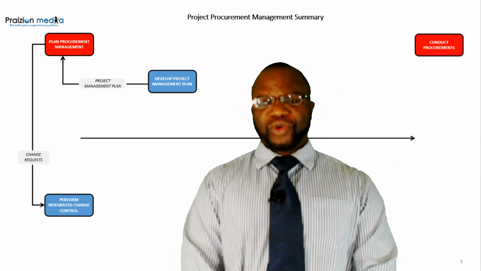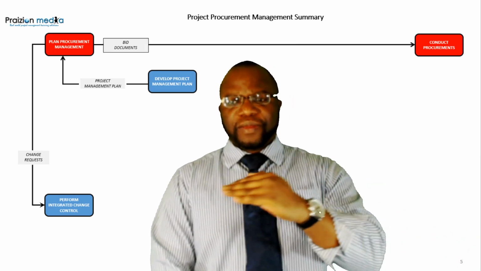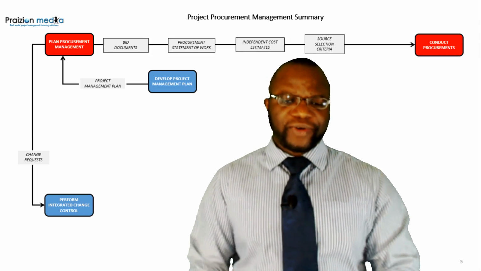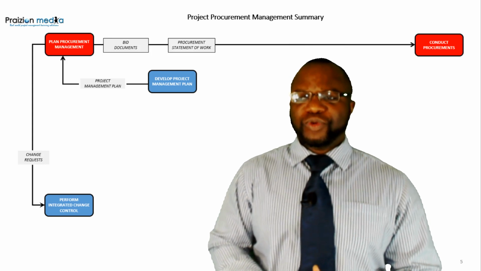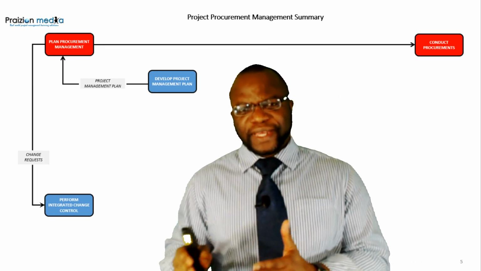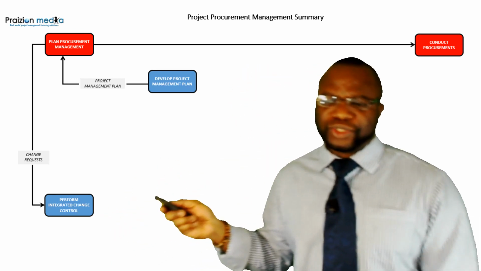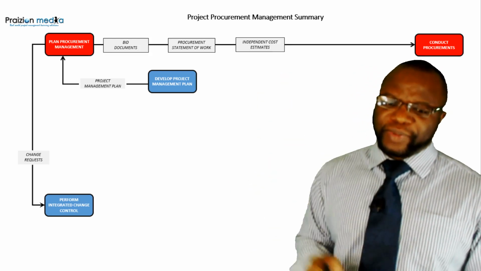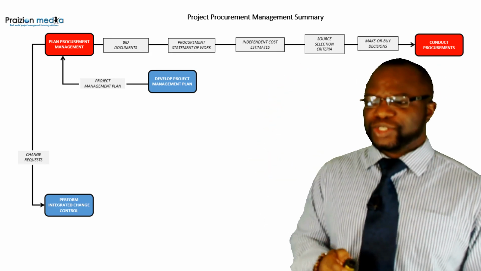We also have conduct procurements interacting with plan procurement management, in that we have the procurement bid documents, statement of work, independent cost estimates, and source selection criteria. You can see all of those go into conduct procurements. If you do not pay close attention to those things I showed you, and you're not accounting for each one, and you're not looking in the guide, it's easy to miss this. That's why in this solution, I'm showing you the bid documents, the procurement statement of work, the independent cost estimates, the source selection criteria, and the make-or-buy decisions.